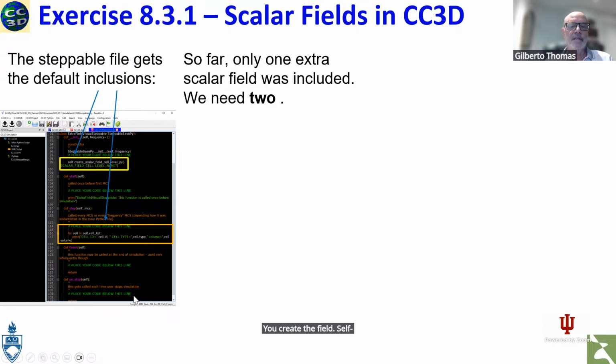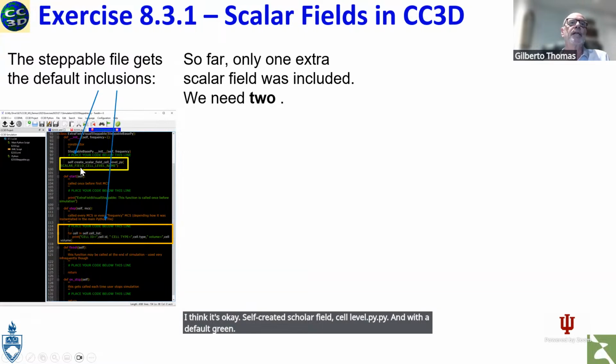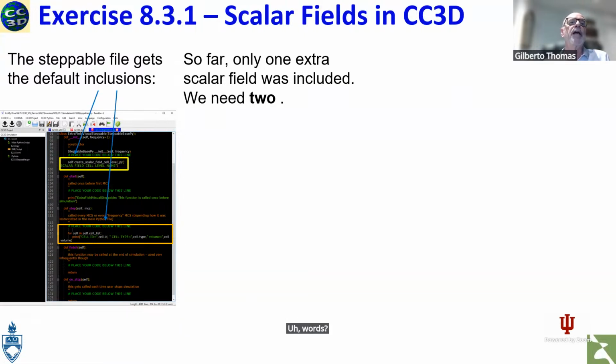Self-created scalar field cell level dot pi underscore pi, with a default green word that is the name you have to give your field.